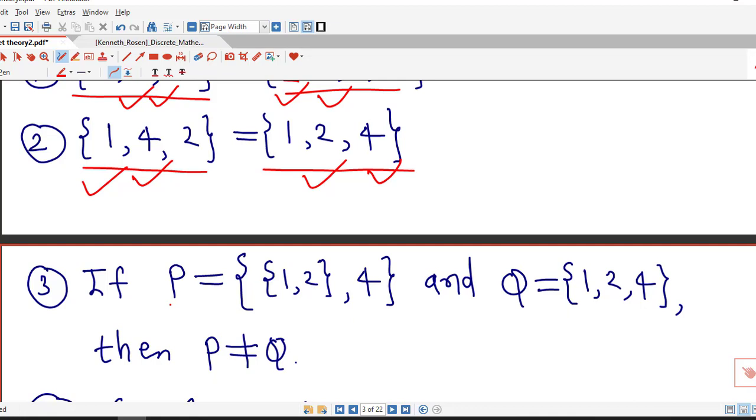Suppose I have this set capital P equal to the set containing 1, 2 and the element 4, and capital Q equal to the set containing 1, 2 and 4.